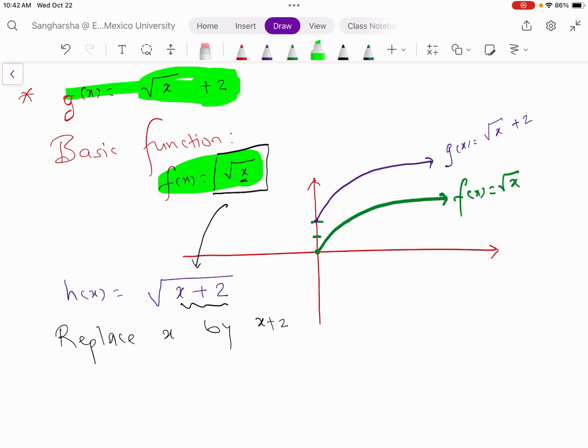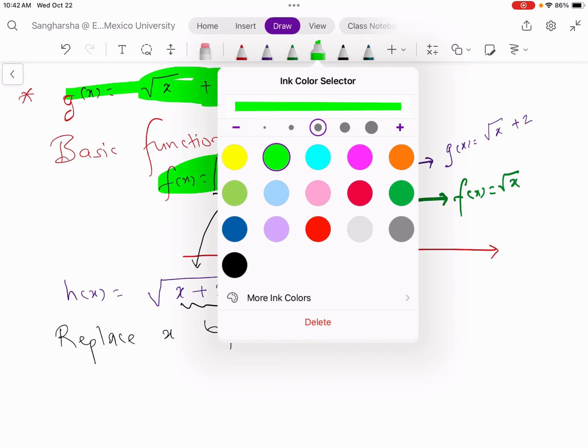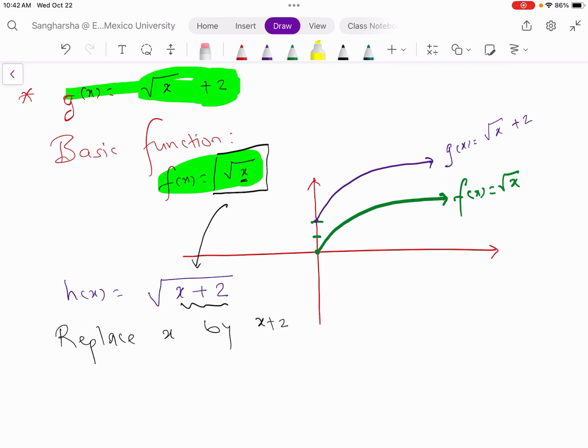Are we moving left, right, up, down? Left by how many units? 2. So we use the basic function graph and move it left by 2 units. This point is at 0, so let's move this point left by 2 units. You draw exactly the same graph at -2.